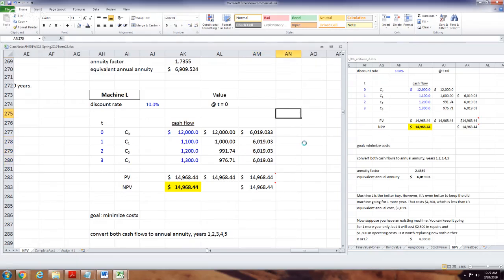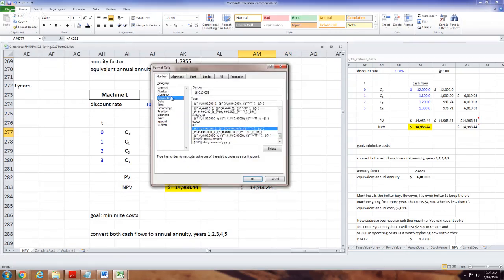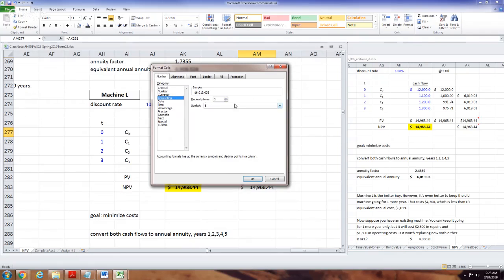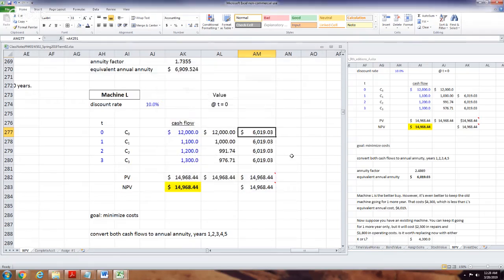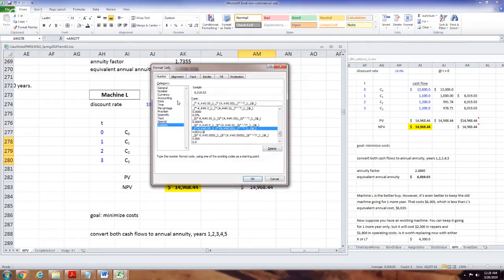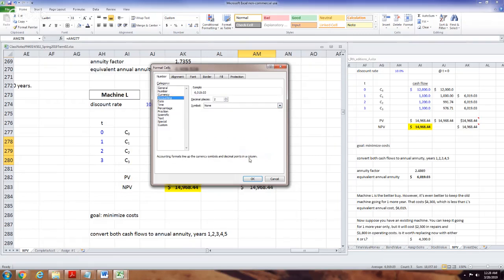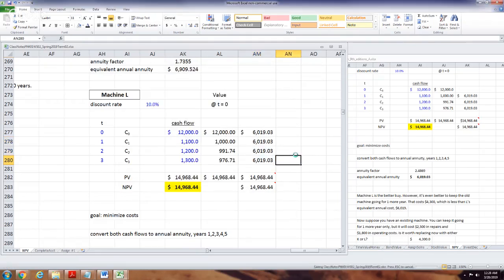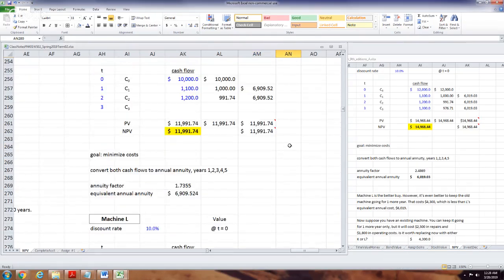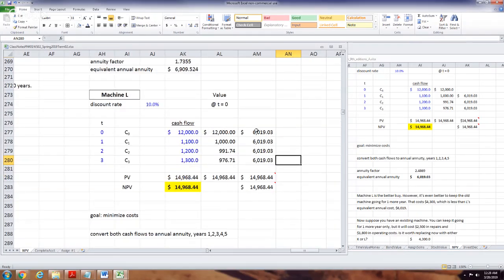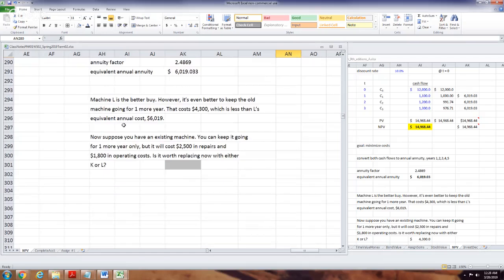Okay, save as you go. So yeah, L costs about 6,000. Yeah, L costs about 6,000 $19. This is 6,910. So L is lower, right?